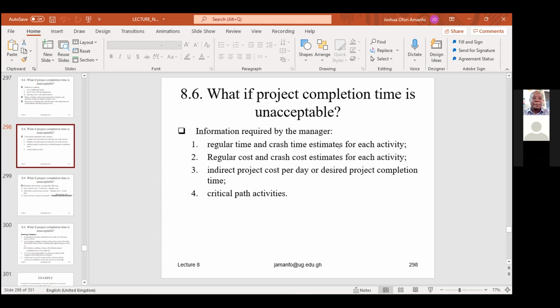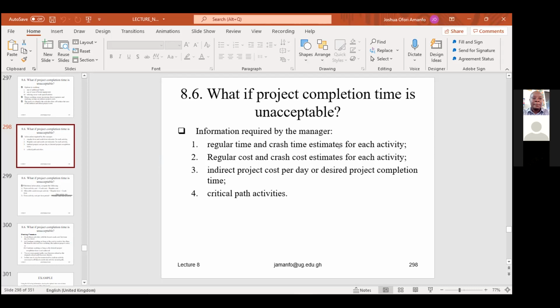So for us to do crashing, the regular time and crash time estimate for each activity will be required. Then regular cost and crash cost estimates. If we are completing the activity on a regular time basis, the originally estimated time, what would be the cost involved to complete that activity?